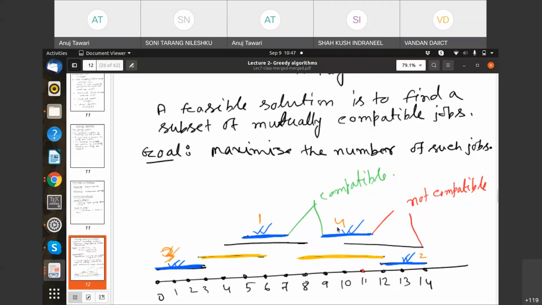And what is non-compatible is, say, this one from 9 to 11 and this one from 10 to 14. So there is some intersection happening here. These are not compatible. And our goal is to find the maximum number of compatible jobs without any overlaps.